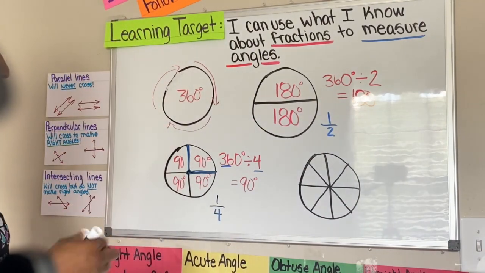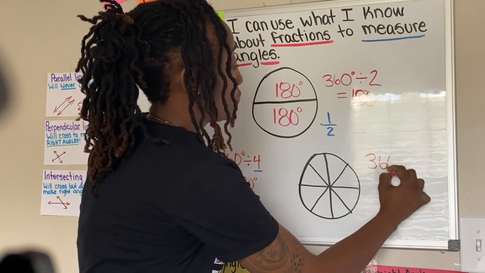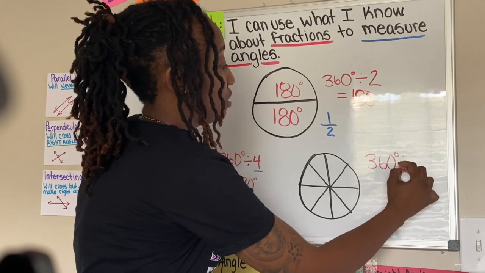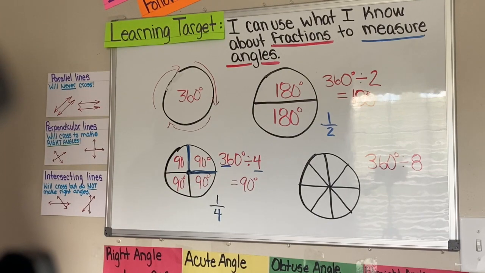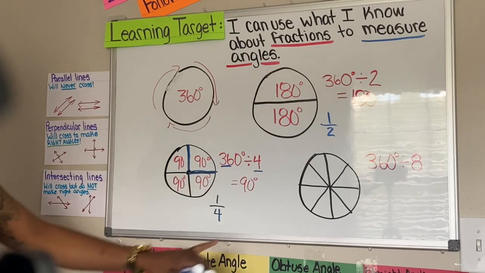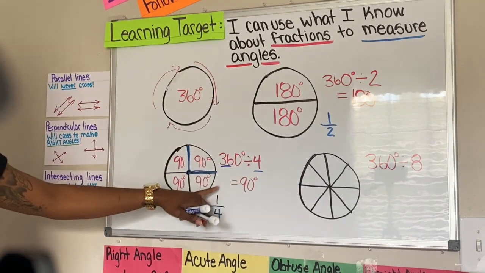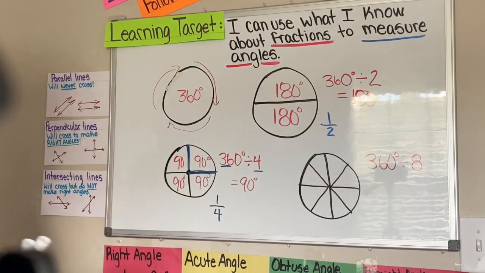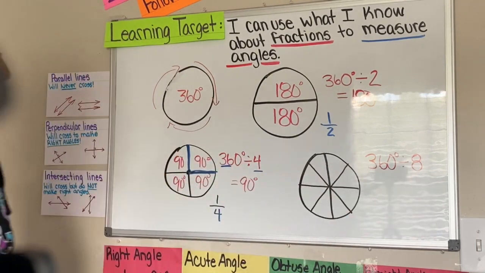So once again, I have my 360 degree circle that I've now partitioned into eighths. I can look at my partition into fourths to help me figure out 360 divided by 8.